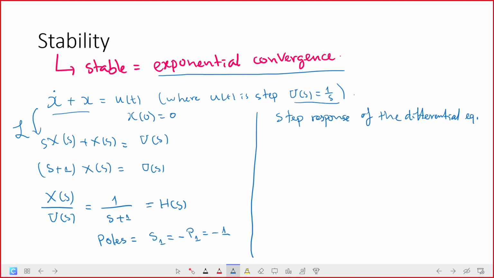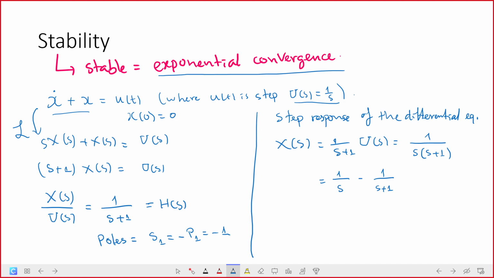So h of s equals 1 over s plus 1 times u of s, equal to 1 over s times (s plus 1), or equal to 1 over s minus 1 over s plus 1, since s plus 1 minus s becomes 1.